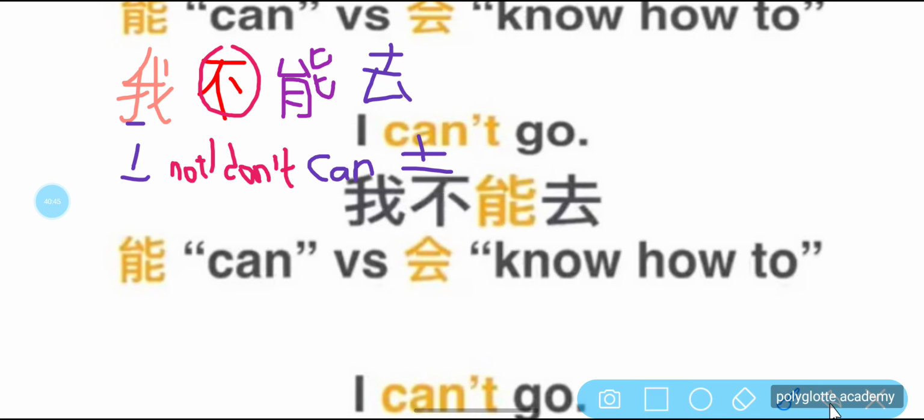So the complete sentence, sorry for writing the character, I needed to write go. So, I not can go. I can't go. So this is pu neng. 我不能去, which means I can't go.